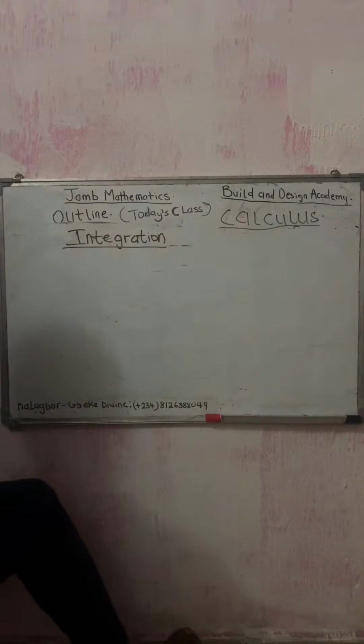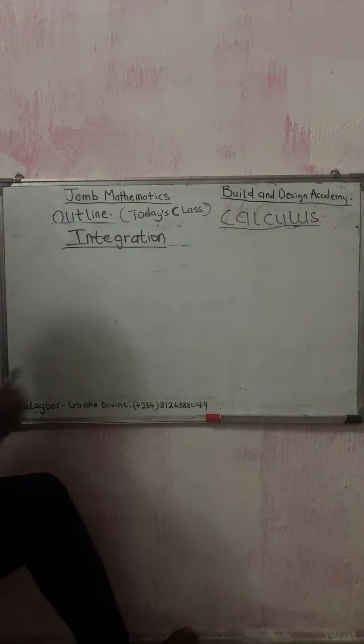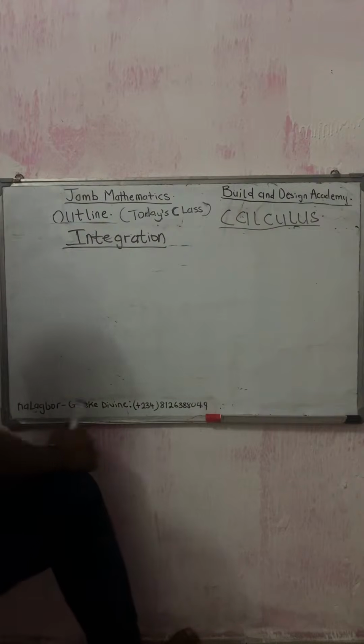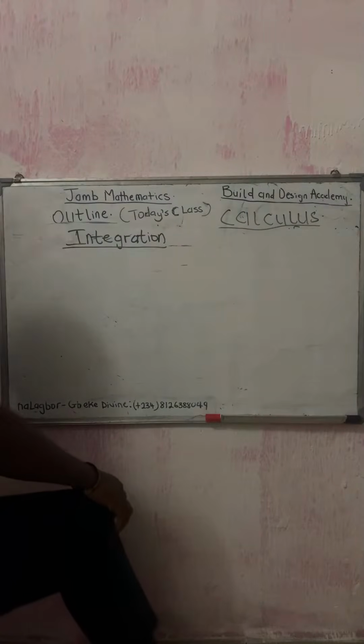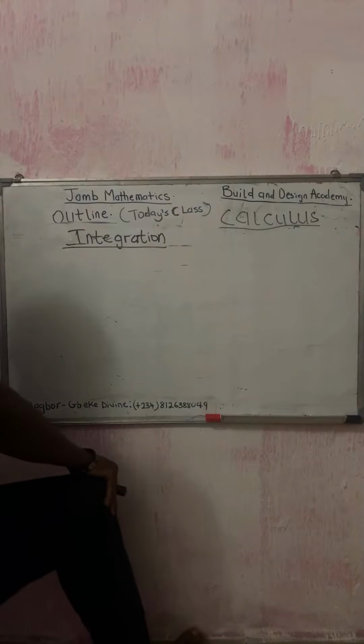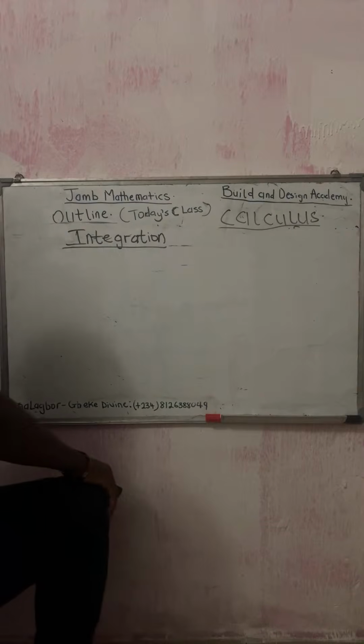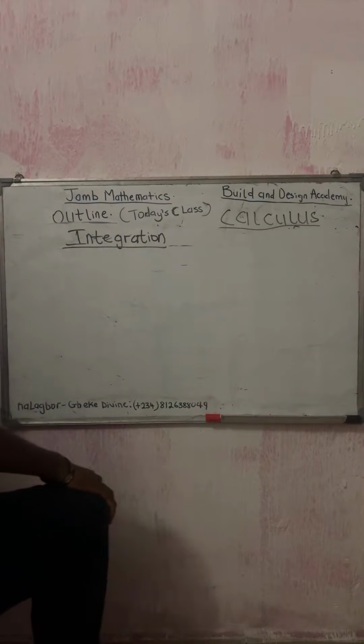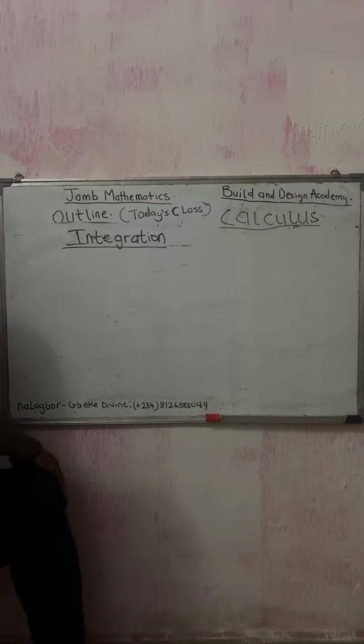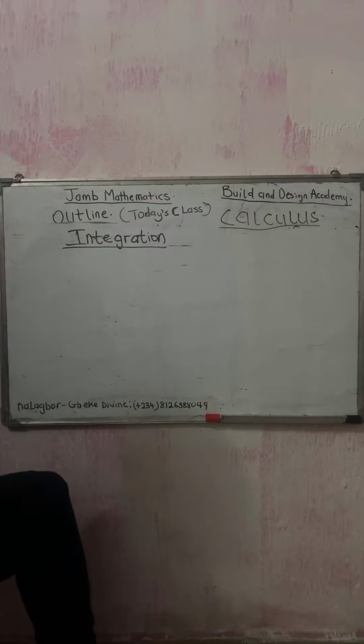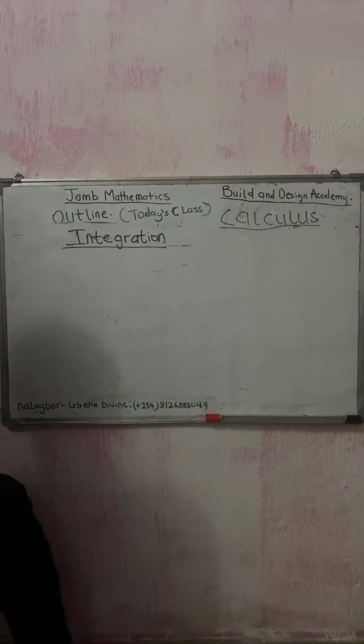Now, take note. Integration is simply the reverse or the opposite of differentiation. If differentiation is telling us the rate of change of a body, then integration is simply telling us the total amount of change that occurred by that body.